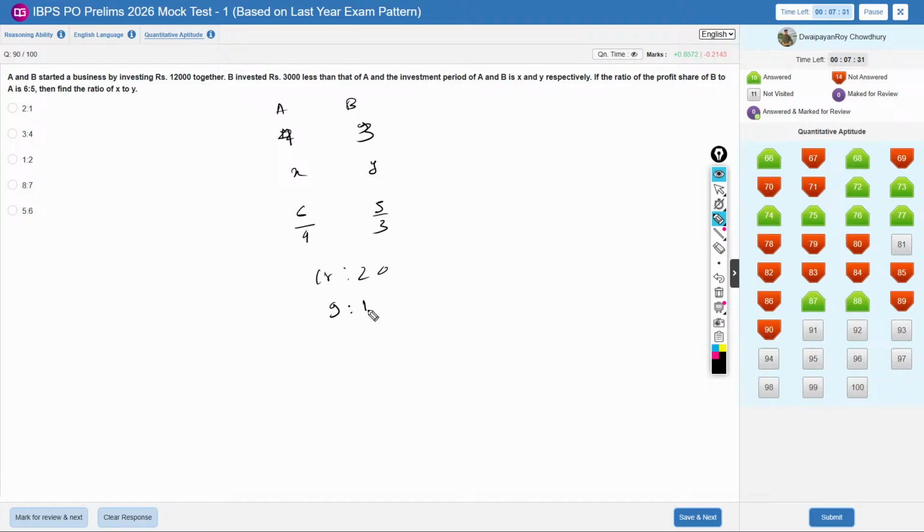So 9, 10. Not in option. Okay. Less than that of A, and in the period of A and B respectively, profit rate of B to A. Okay, so B 5, A 6. So 2, 5 is to 8. Come on.